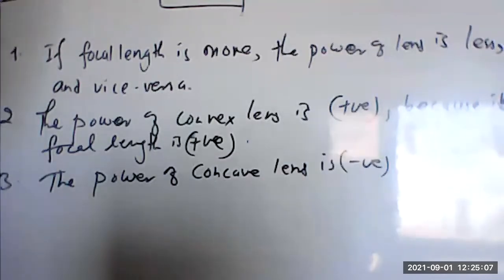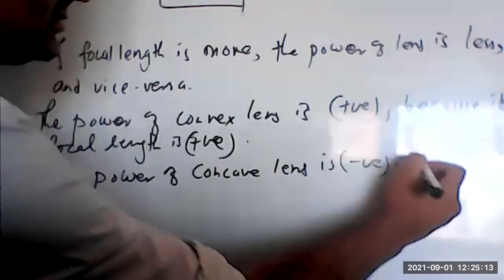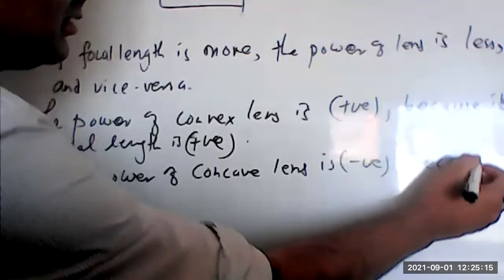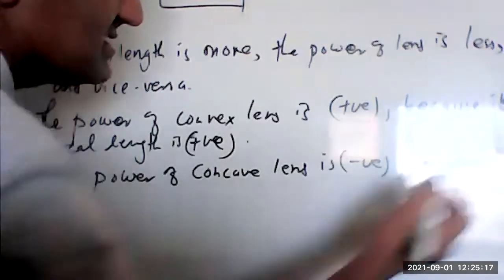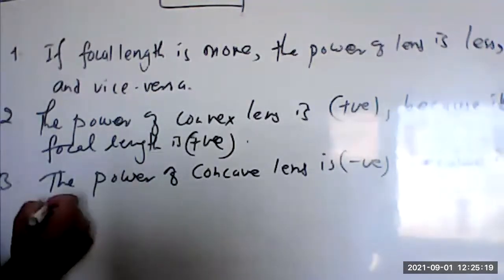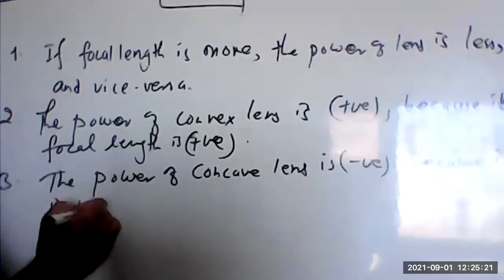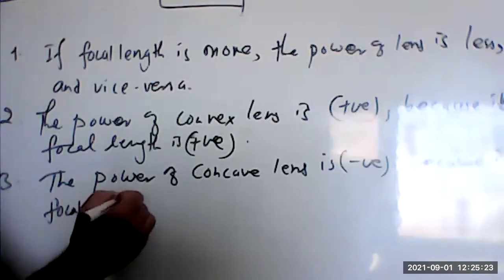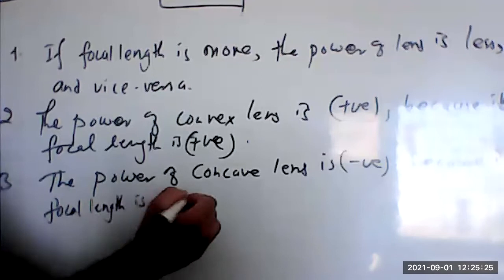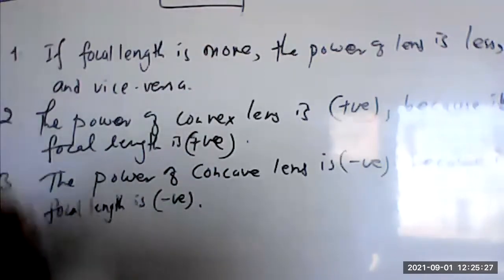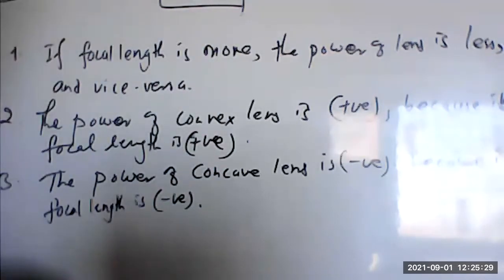Minus VE means negative. You can write in words also. Why? Because its focal length is negative. The focal length of a concave lens is negative, so its power is negative.